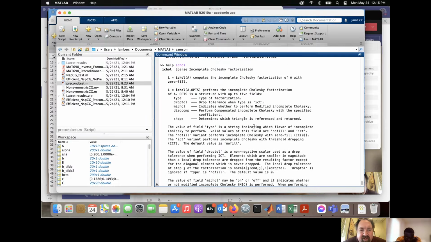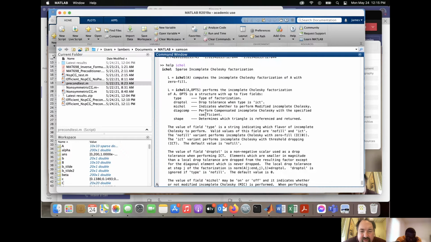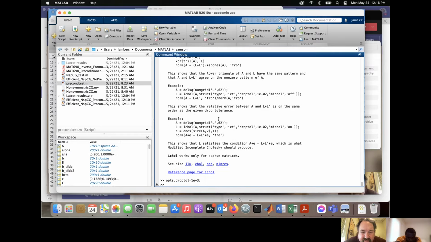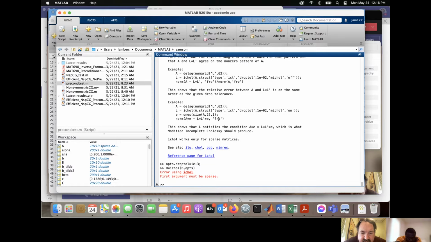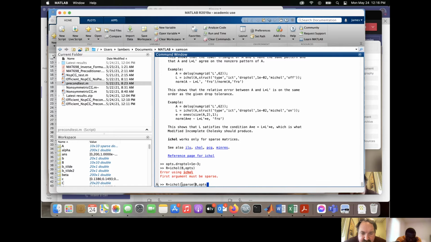Let's see. If I take, because you're computing a Cholesky factor of, okay, B. So what would happen if I do something like that? To drop tolerance, and then, all right, I gotta force it to be sparse.